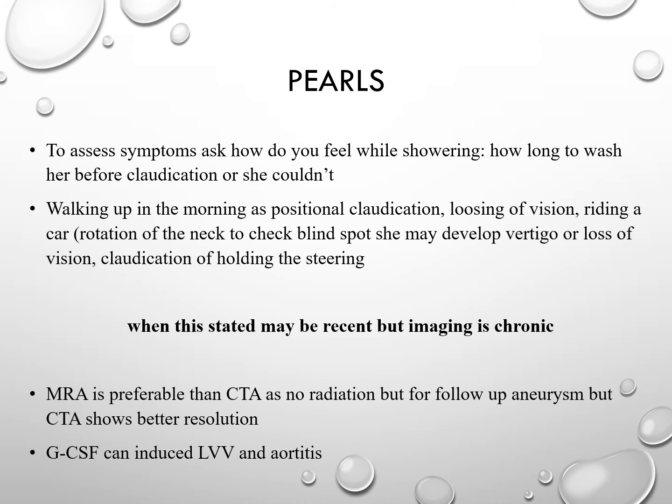Another important thing for those patients is that CT angio is the best for assessment due to its high resolution. But when you follow those patients up, you will choose MRA if available in good quality, because MRA lacks the radiation exposure found in CT, for instance.